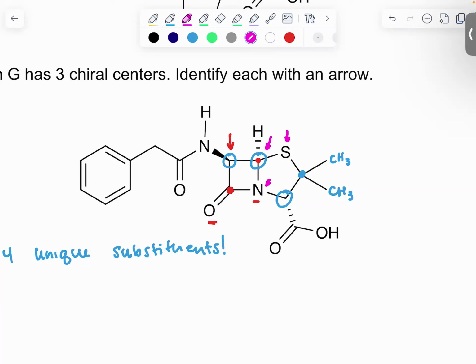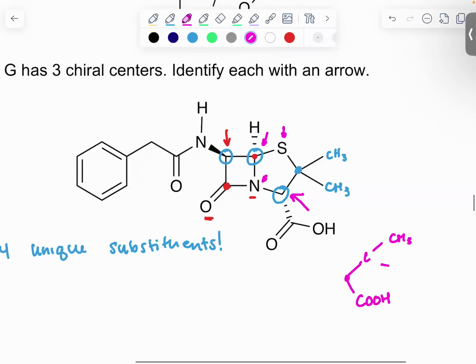Yeah. This one? So this is attached to 1 COOH, 1 carbon chain, 1 nitrogen, and then it has an implied hydrogen.